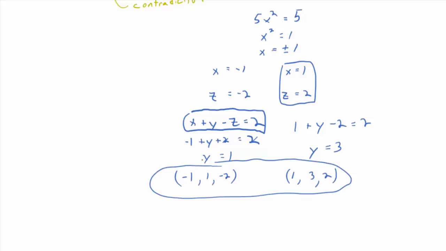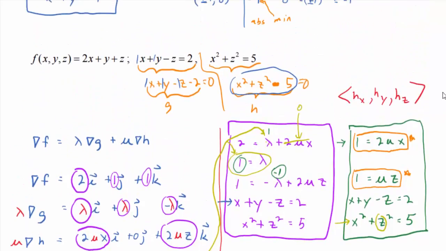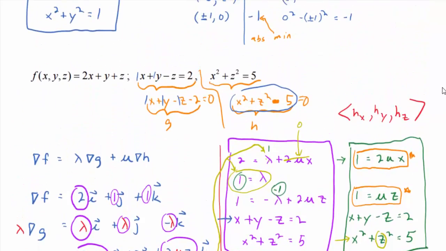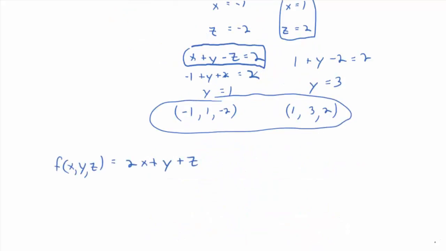And then what's the last step? Plug it in, plug it in. What was the function? I forgot. 2x plus y plus z. Okay. So where were we? I'm not even going to make a table here. There's only 2 points to consider. Not that that stopped me before, but I'm just going to plug them in. Okay, so what do we get? -2 plus 1 minus 2.